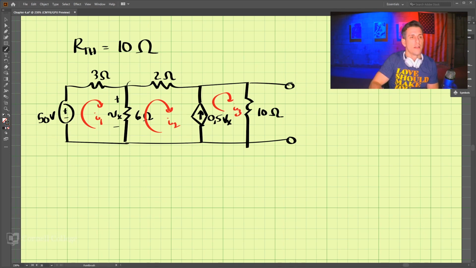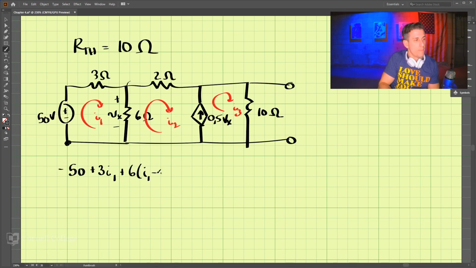So let's do our mesh analysis, and starting here, that is negative 50 plus 3 times I1 plus 6 times I1 minus I2 equals 0. Expanding that out, that looks like negative 50 plus 9I1 minus 6I2 equals 0. And that will be our first equation.